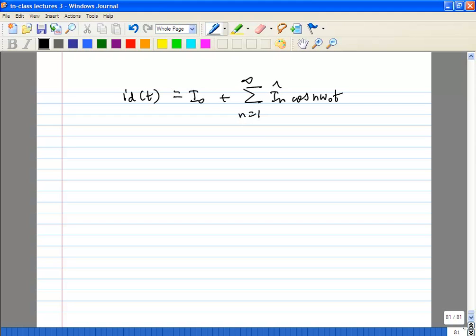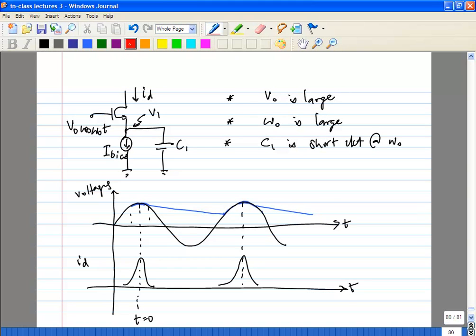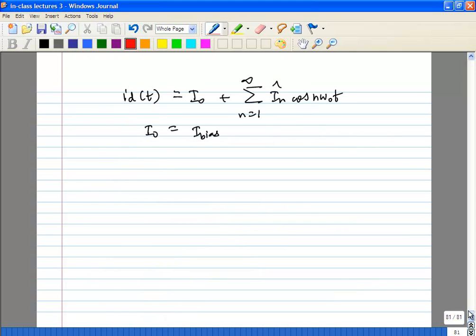What is I0? I0 is obviously I bias. It has to be, because the capacitor cannot carry any DC current. So the average is I bias.